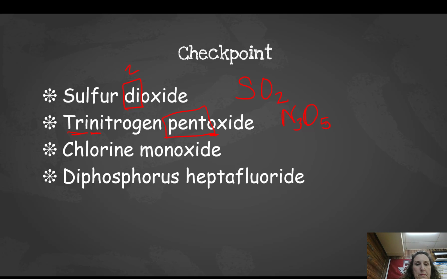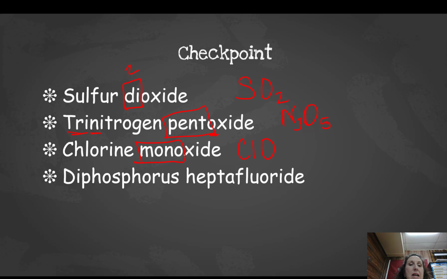Now chlorine monoxide. Typically we don't say that there's a 1, but we do say mono when it is the second element. But we're not going to write the 1, so we're just going to put ClO, chlorine monoxide.